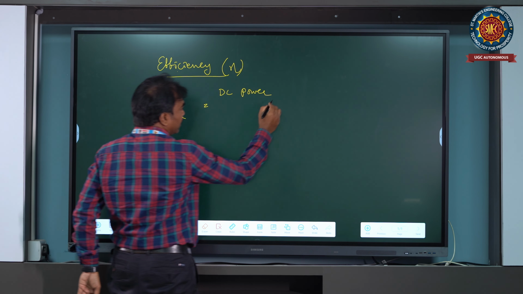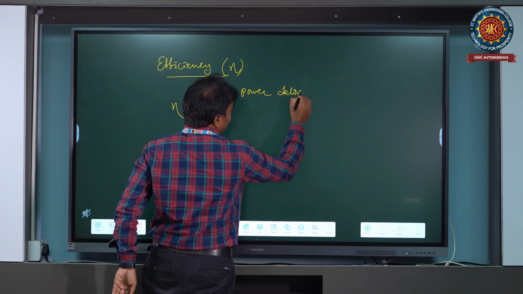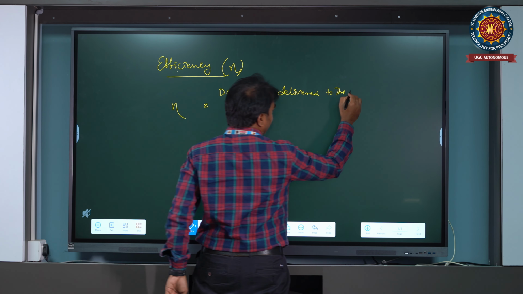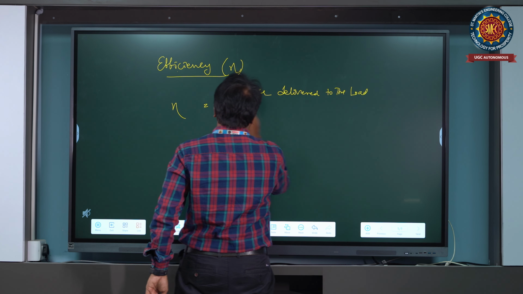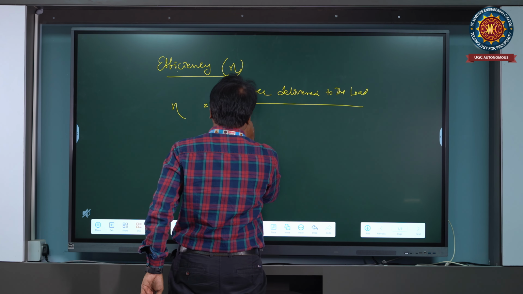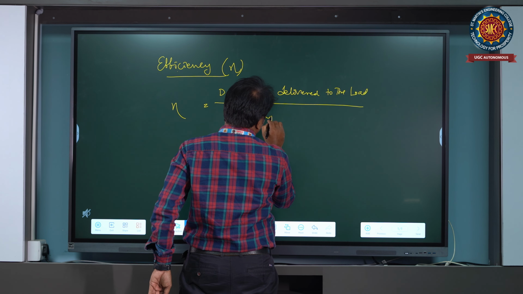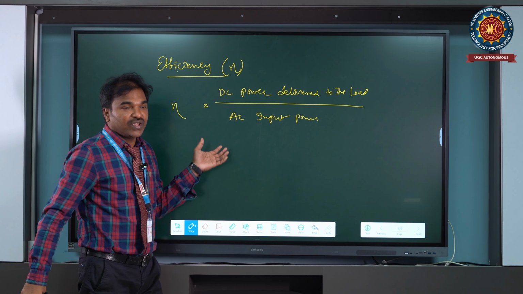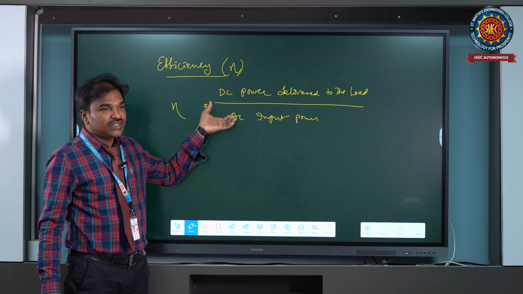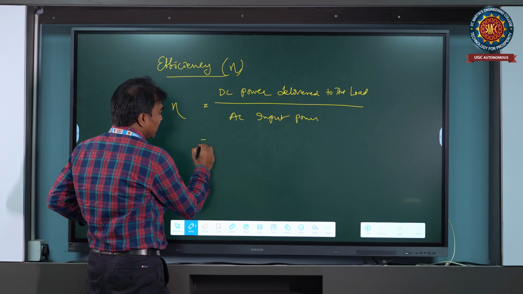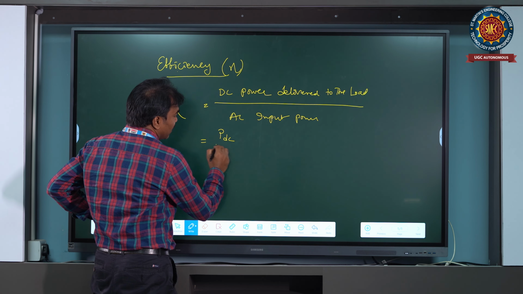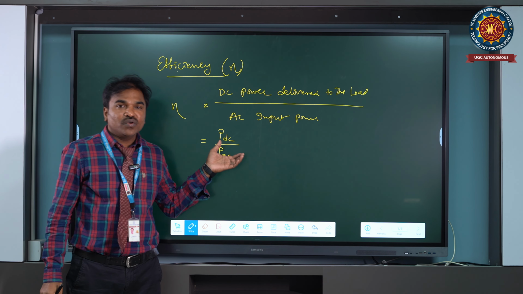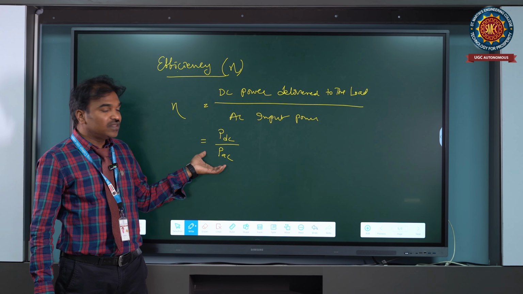Efficiency is how much DC power is delivered to the load compared to how much AC input power is supplied. So efficiency is PDC by PAC. Now how to calculate the PDC and how to calculate the PAC?